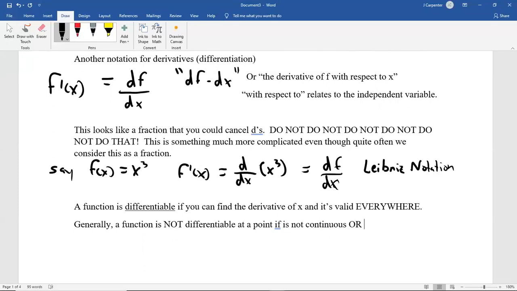Or if it is not smooth. What is smooth? Actually, let's say what does not smooth mean? Not smooth means, again, in general, it's a corner.